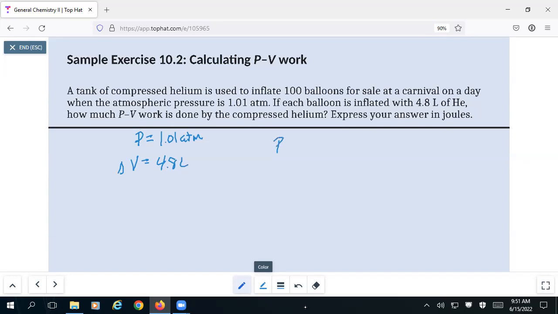So P delta V is going to be 1.01 atmospheres times 4.8 liters, which is about 4.8 liter atmospheres. And this would be per balloon.